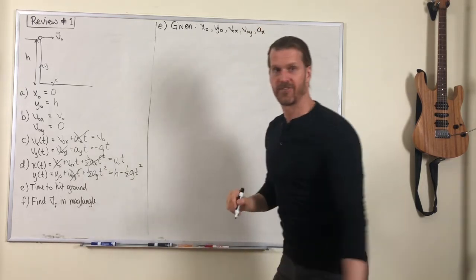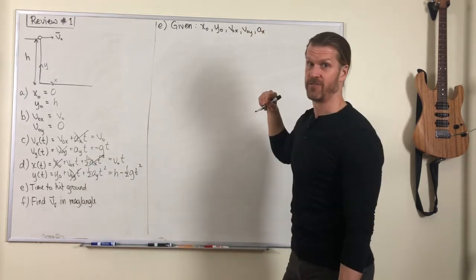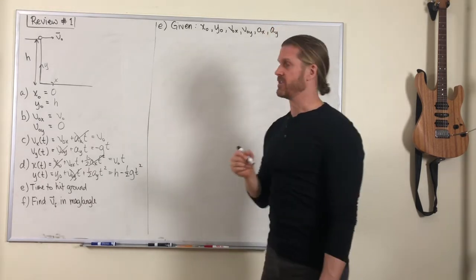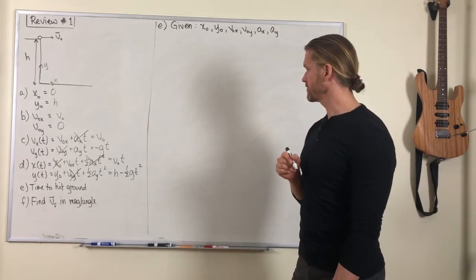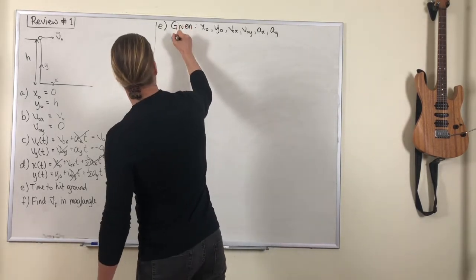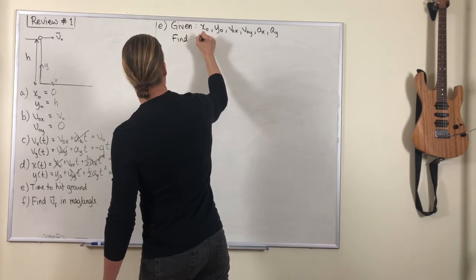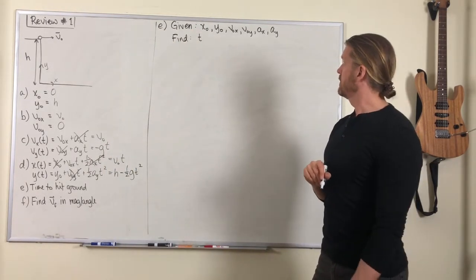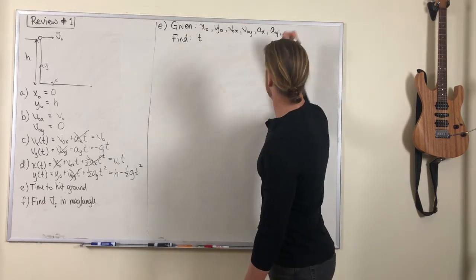We know the x acceleration is 0, and we know the y acceleration is minus g. And we want to find the time to hit the ground. Oh, sorry, we know some other stuff too.